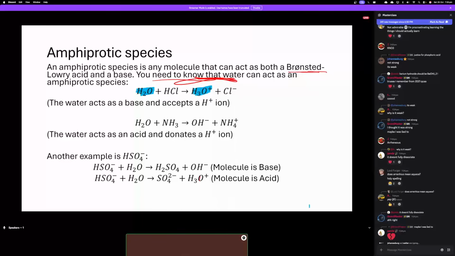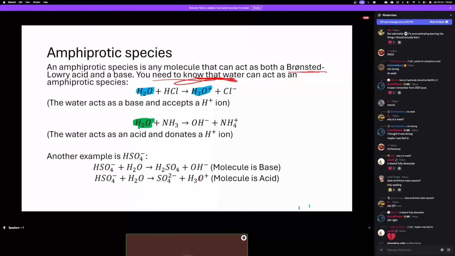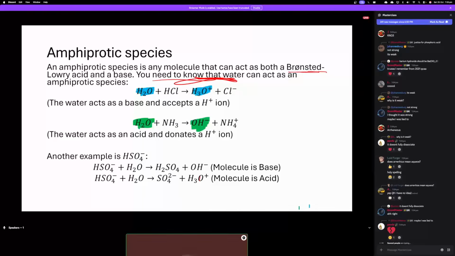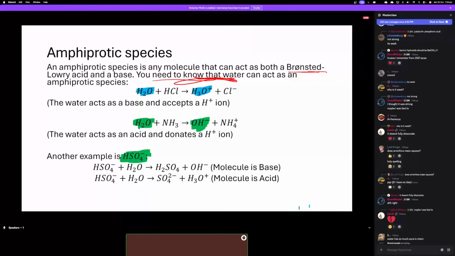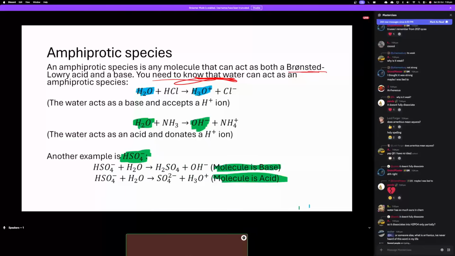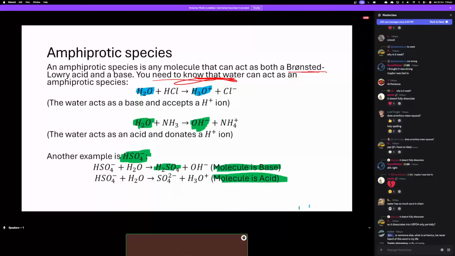However, in this case, water is acting as an acid and it will donate its H plus ion. Another common example is HSO4 minus. It can work both ways, right? So it can produce sulfuric acid or it can produce a sulfate ion.